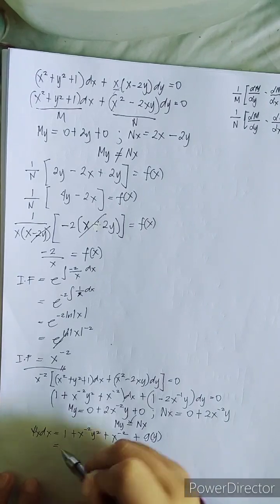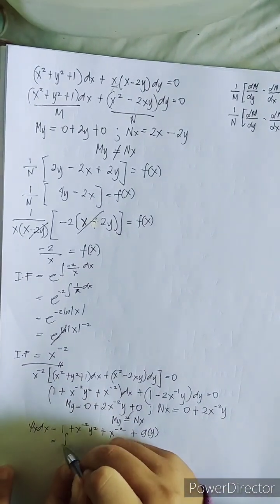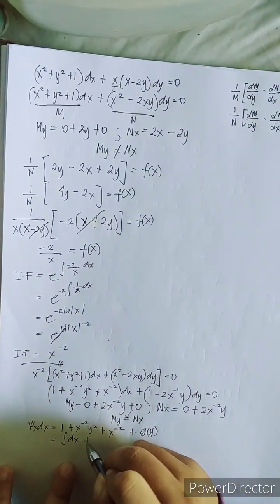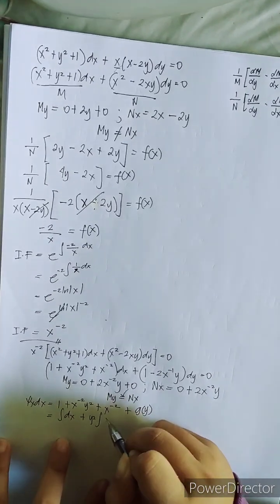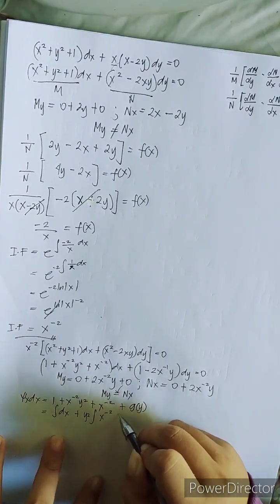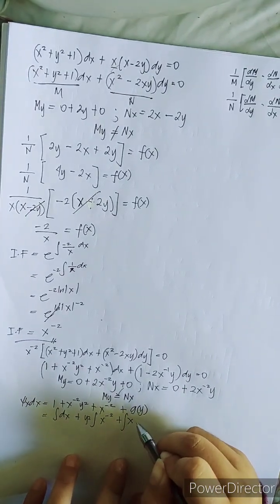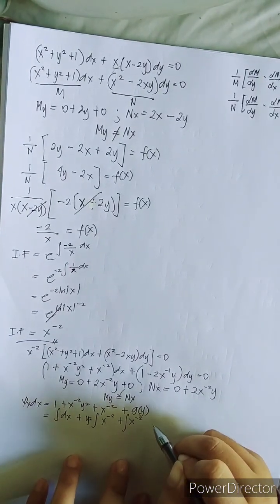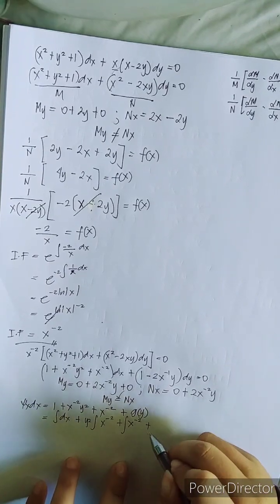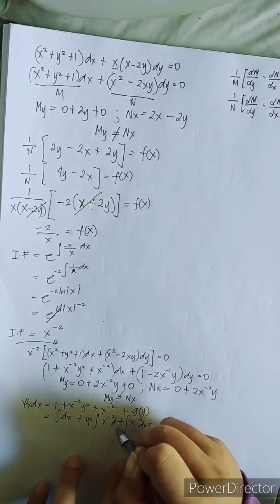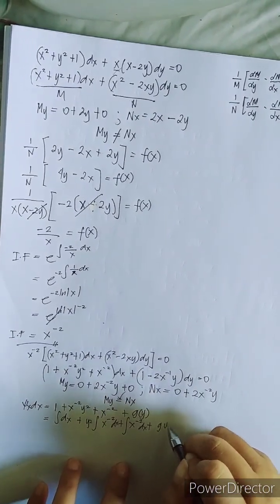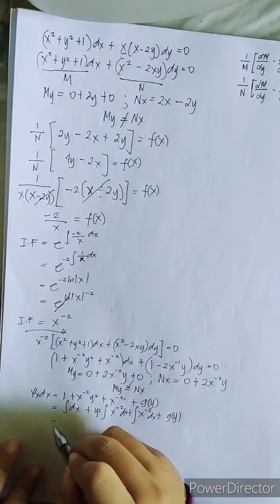Then integrate, this will be dx plus y squared times integration of x to the negative 2 dx plus integration of x to the negative 2 dx plus g of y. Then we can now integrate.